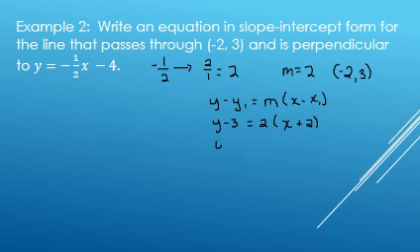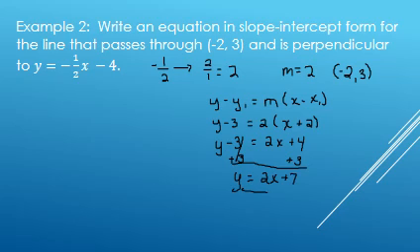Go ahead and distribute that 2, so that gives us y minus 3 equals 2x plus 4, and then add 3 to both sides, and that gives us y equals 2x plus 7. And that equation of that line is perpendicular to that line. That means that whenever they intersect, it's at a 90-degree angle.